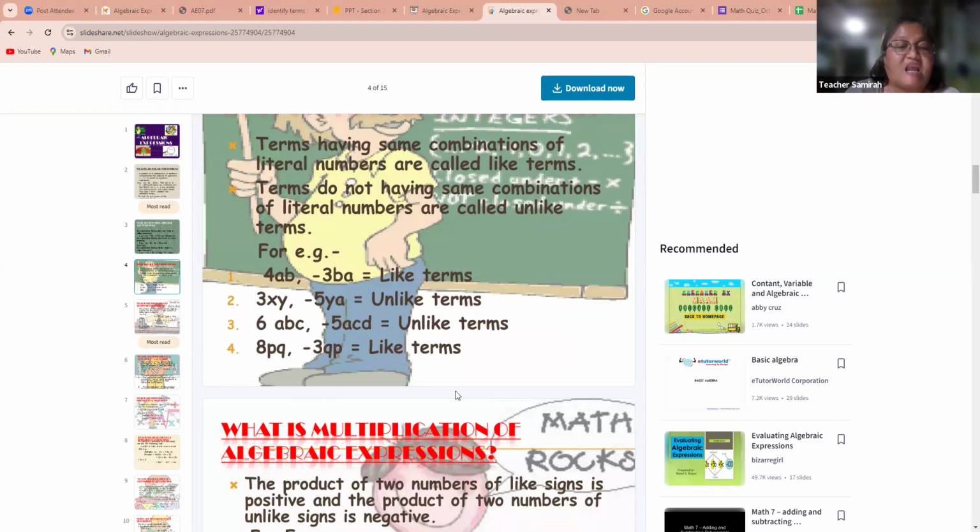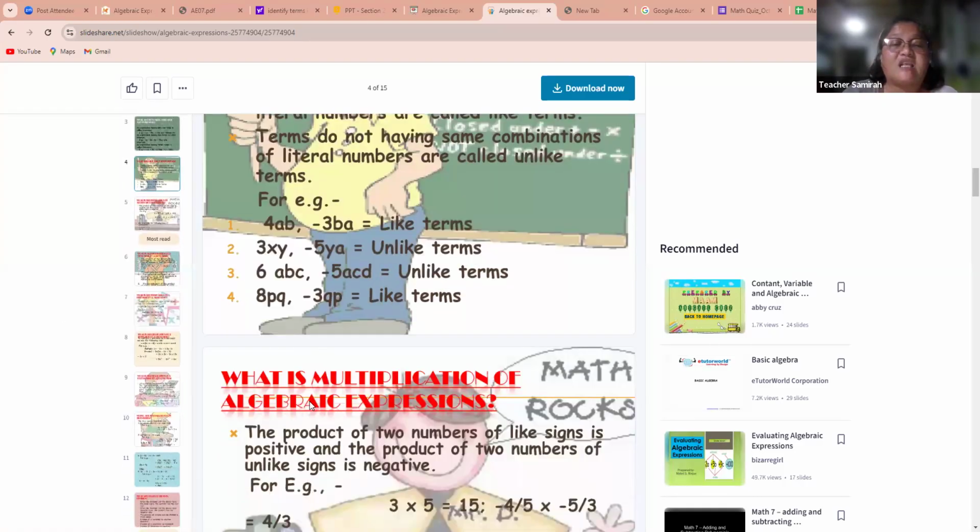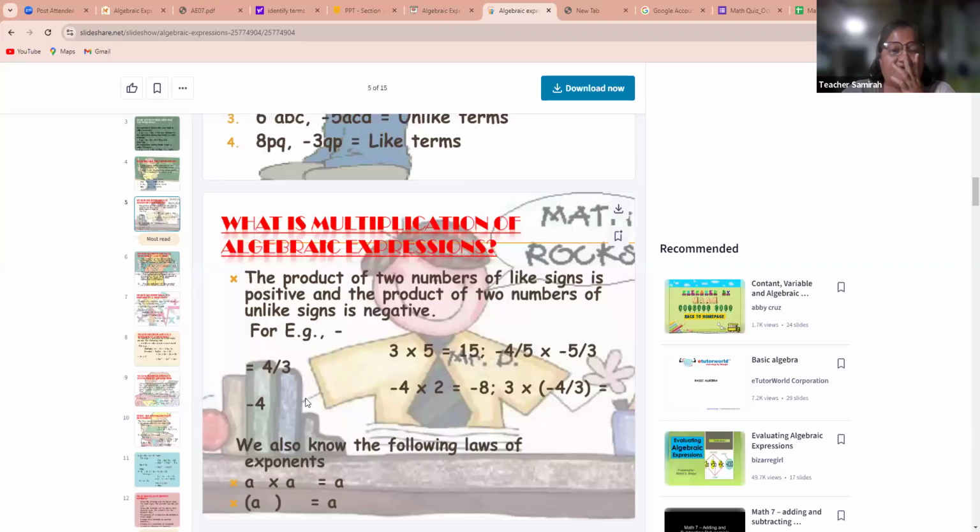So what is multiplication of algebraic expressions? The product of two numbers of like sign is positive and the product of two numbers of unlike sign is negative. We already know that one before.